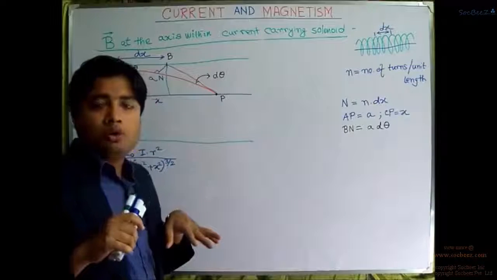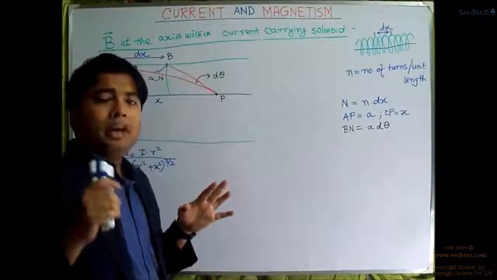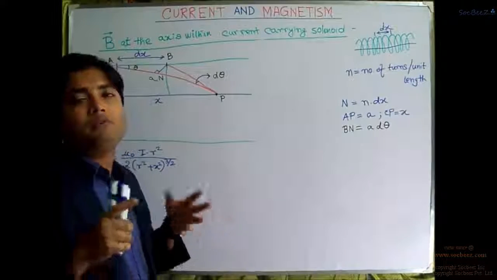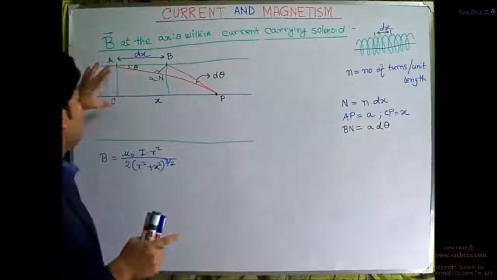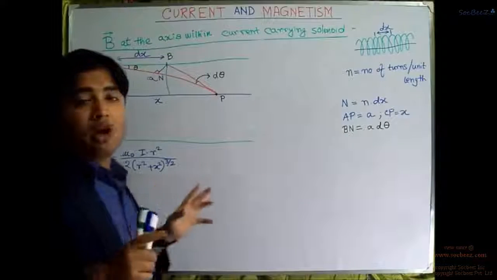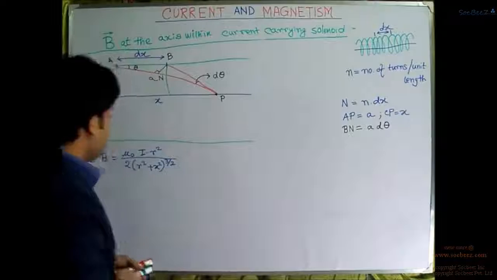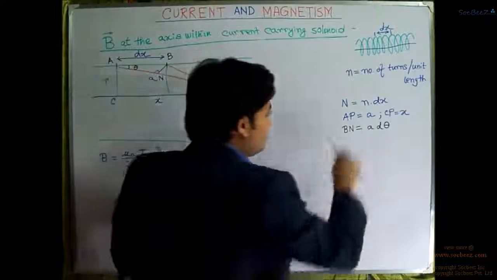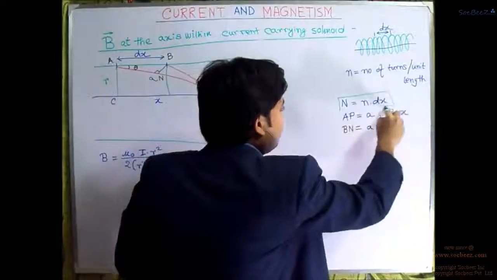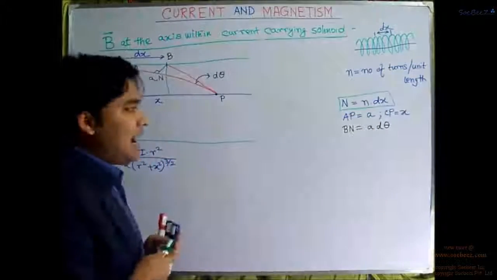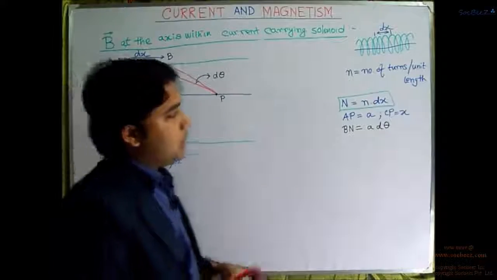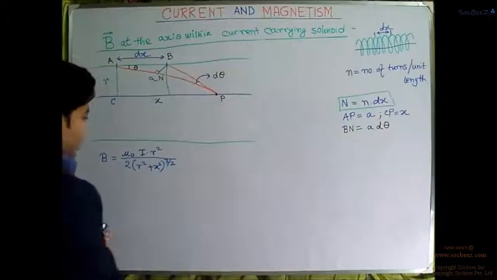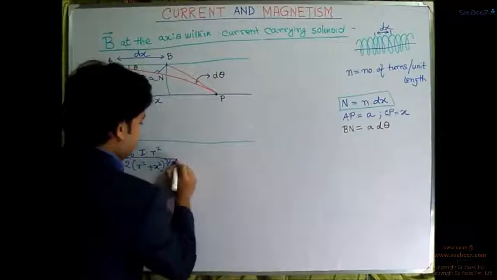And as I told, we simply need to multiply by the number of turns, then only we will find the real value of B for a given number of turns. The number of turns is equal to n multiplied by dx, where n is the number of turns per unit length.